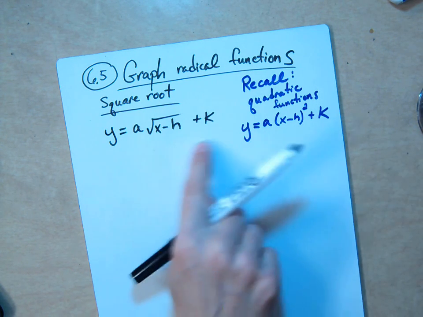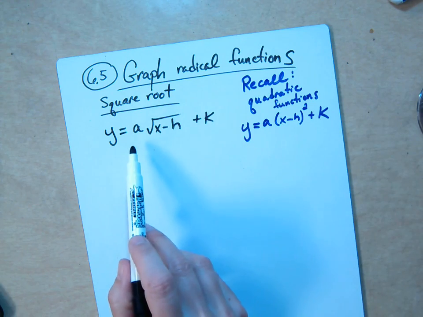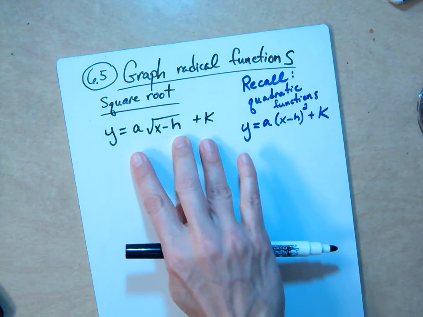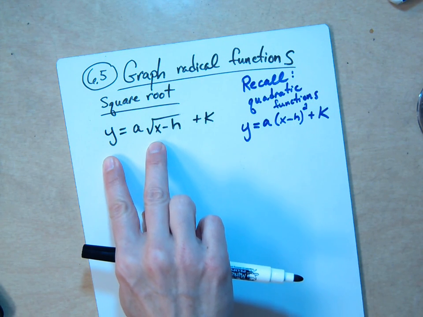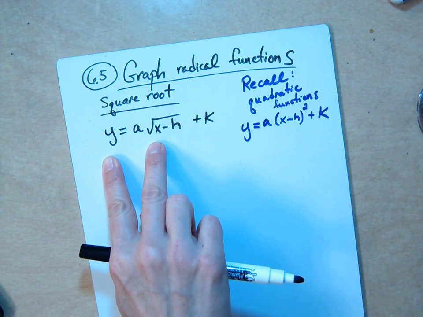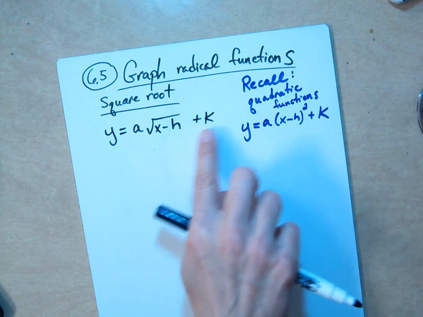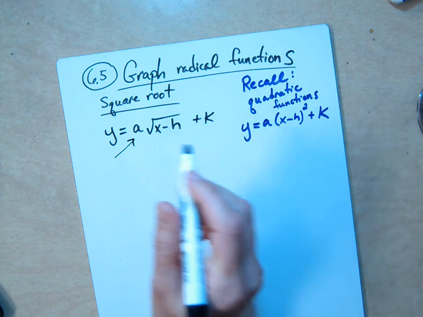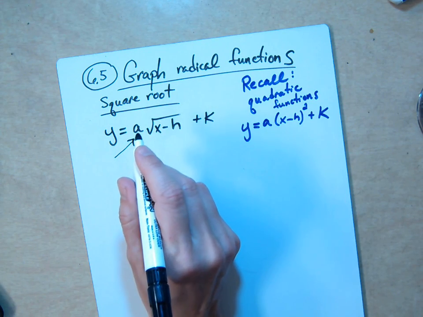So let me tell you what all these variables mean. There are the constants a, h, and k. x and y stay, those are like the x and y axis, but a, h, and k, what do they mean? So the a, you can tell right ahead of time.